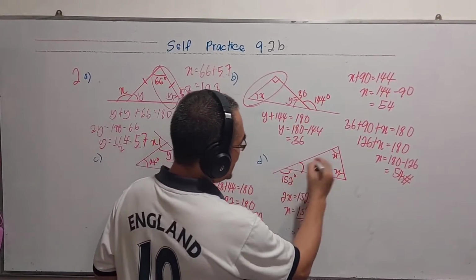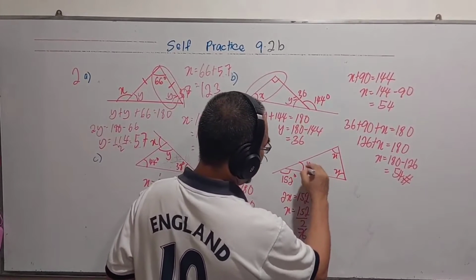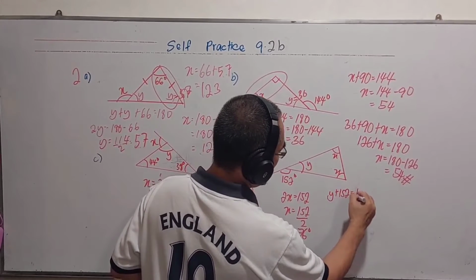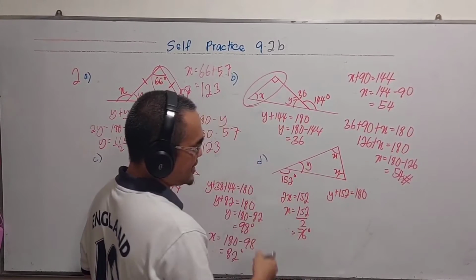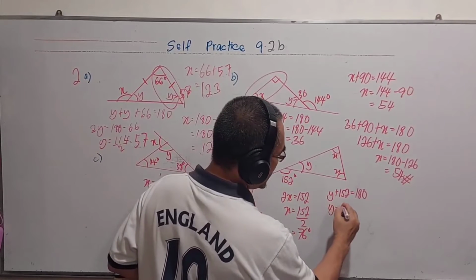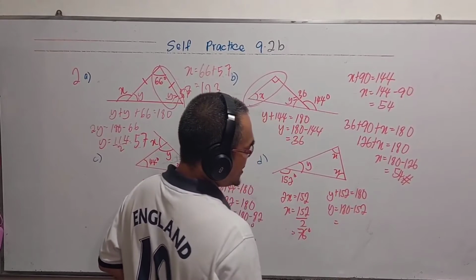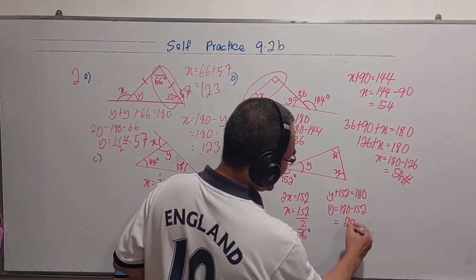Usually I will say here y plus 152 equals 180, because it's a straight line. So y is 180 minus 152, which is 28.